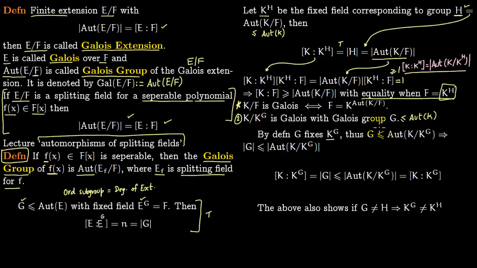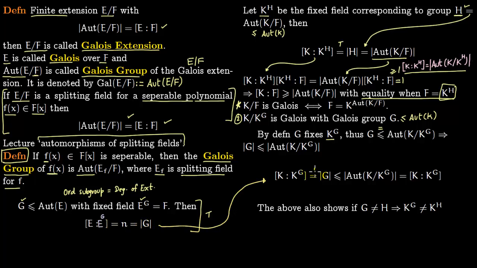So we want to show that this is equal, and then everything else will follow. So this is a subgroup we know for sure. That just follows from the definition of K^G. So this implies that the order of G is less than or equal to the order of this group, the automorphisms of K which fix K^G. Now since G is a subgroup of automorphisms of K, instead of E you're writing K here. You copy this entire thing right here.